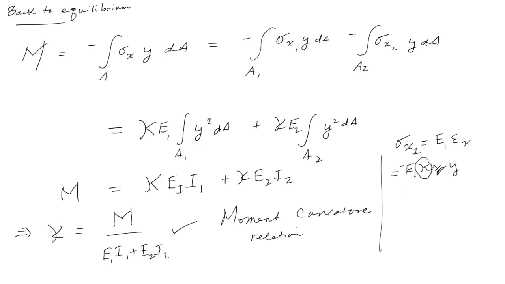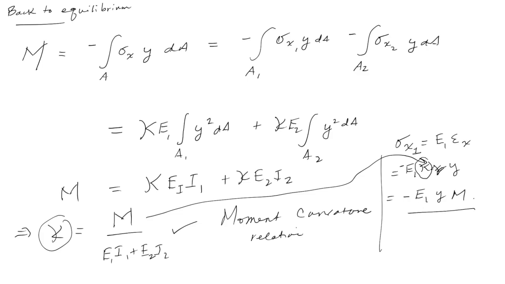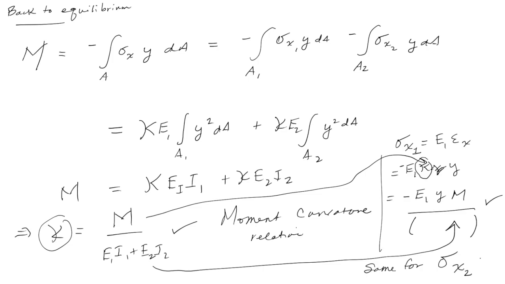And now we have kappa, so we can replace kappa with our moment curvature relationship, giving us minus E1 y M over this thing here. Okay, and then we can do the same for sigma x2.